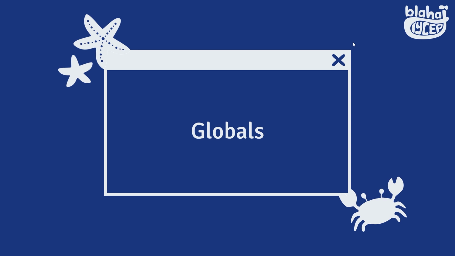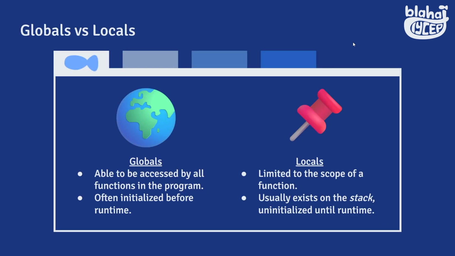Let's talk a bit about globals. I'm going to jump a bit here and let's talk about globals. So global variables versus local variables, right? I hope you guys are familiar with this from something like Python. So global variables are variables defined outside of functions and are accessible to every function inside the program, right?